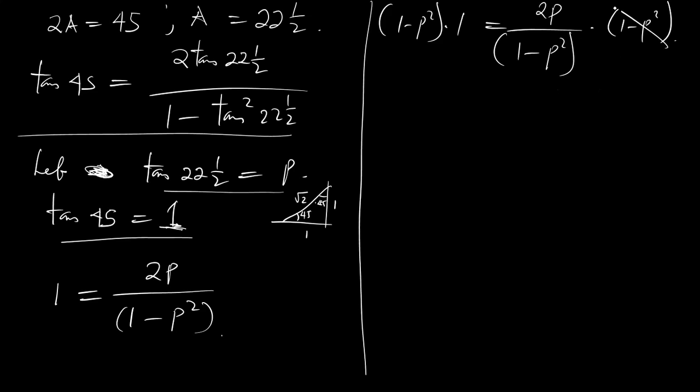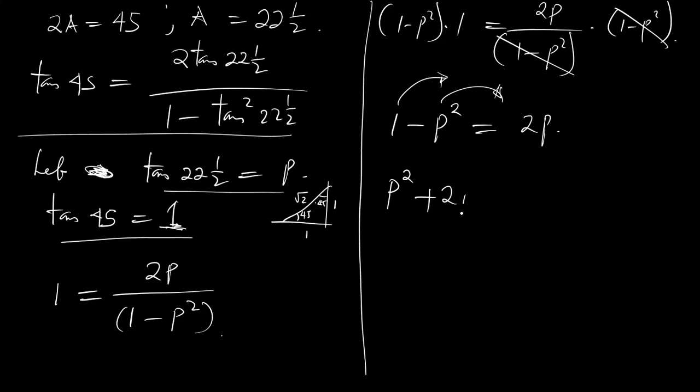So now this will cancel out this. You now have 1 minus p squared equal to 2p. Now moving this whole thing to the other side, you now have p squared plus 2p minus 1 is equal to 0.